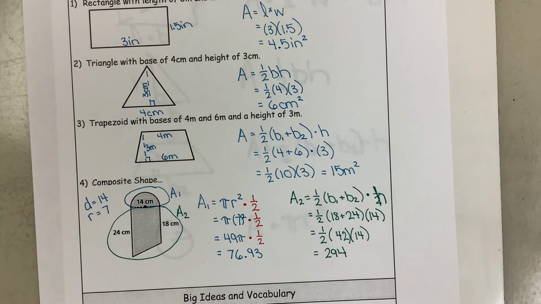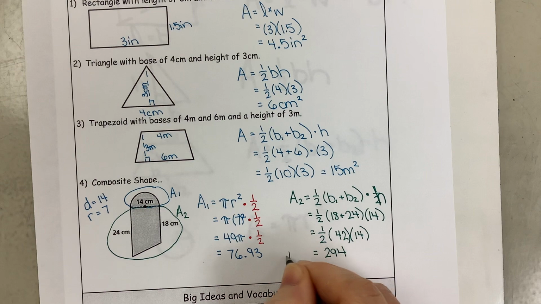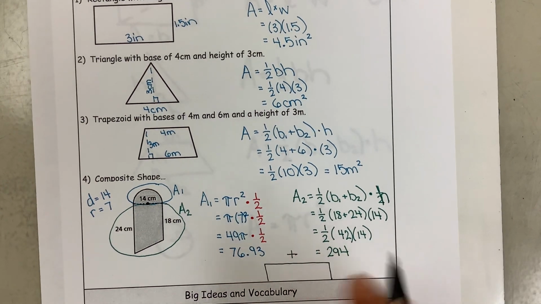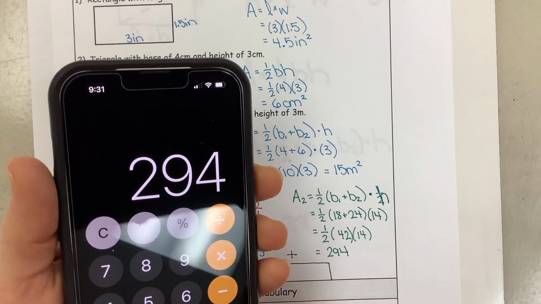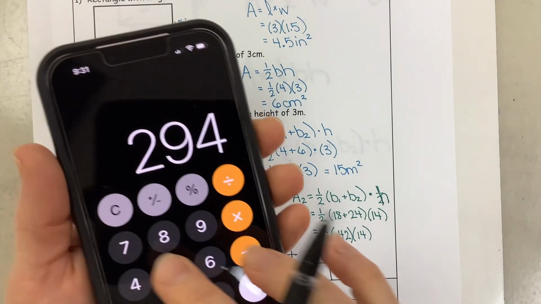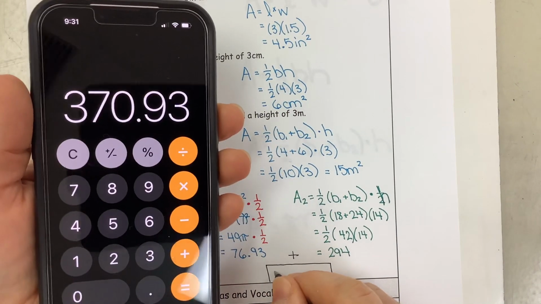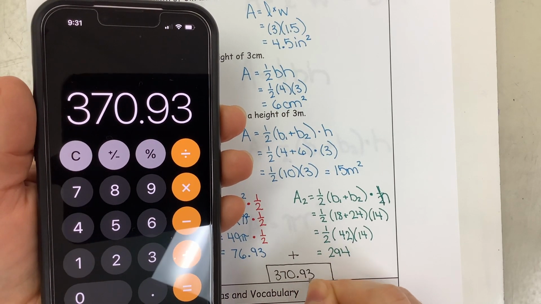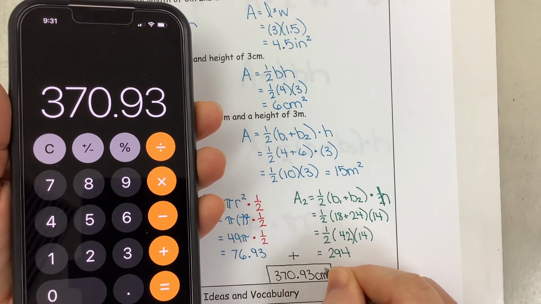Now, to finish this problem, we have to put them together. Just like the shape is put together, we're going to add these two to get our total area of this composite shape. So we're going to take that 294 plus 76.93, and that gives us 370.93, and we are in centimeters, and since we were area, squared.